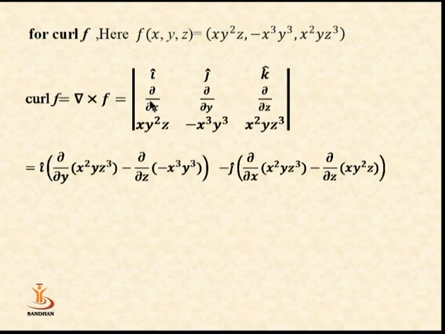Thus we differentiate f3 with respect to x, so we get del by del x of x square y z cube, minus again we do in cross section del by del z of x y square z. Also we know that the differentiation of y becomes 1, so thus we get x square z cube, and here there is no z, the differentiation becomes 0.